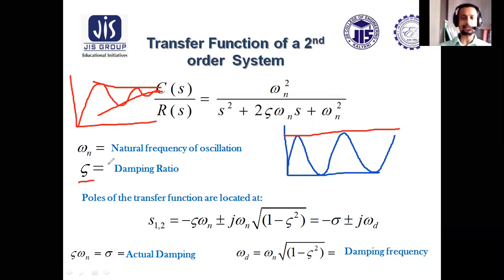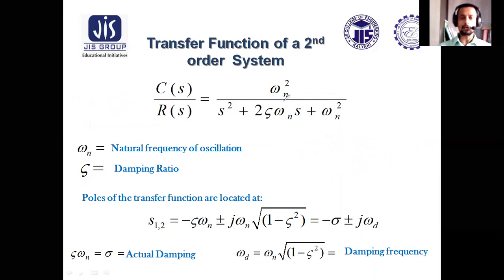If the damping ratio is not there, if the system has no damping, then the system will have a sustained oscillation. This oscillation frequency is known as the natural frequency of oscillation, and this is known as the damped frequency of oscillation. The damped frequency of oscillation present in a system is due to the damping ratio.